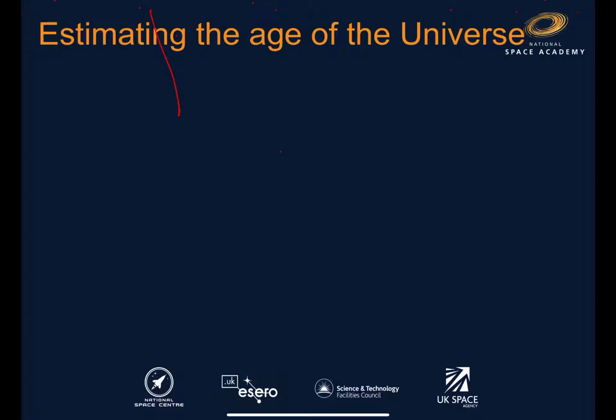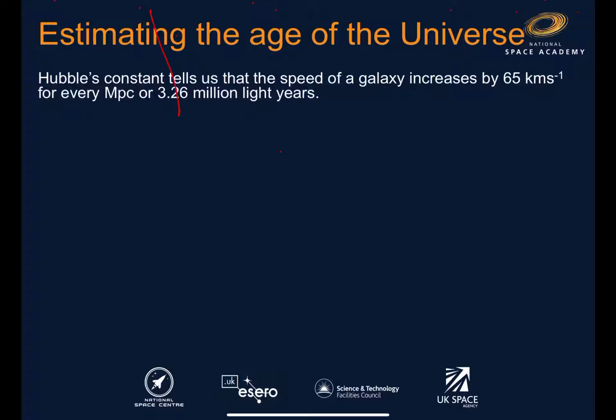Never mind. We can estimate the age of the universe actually by using the Hubble constant. How can we do that? Well, the Hubble constant tells us the speed of a galaxy increases by 65 kilometers per second for every megaparsec.